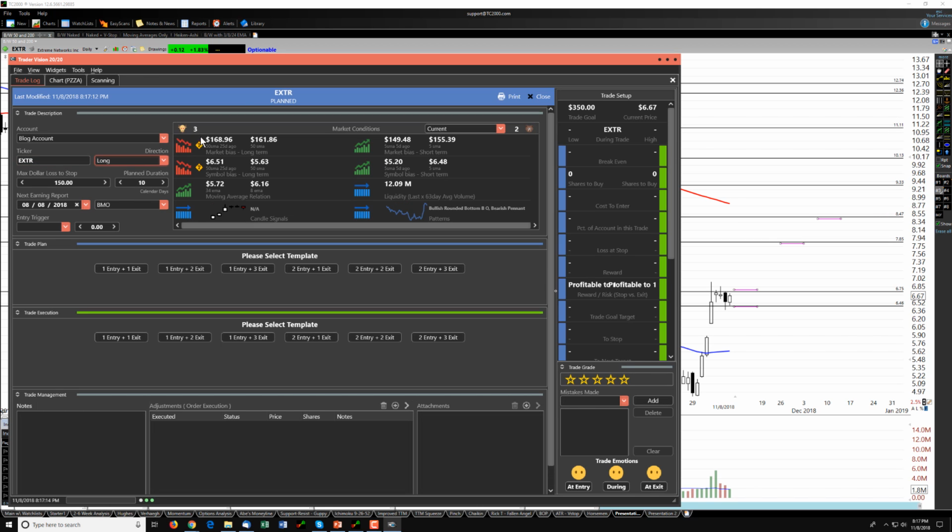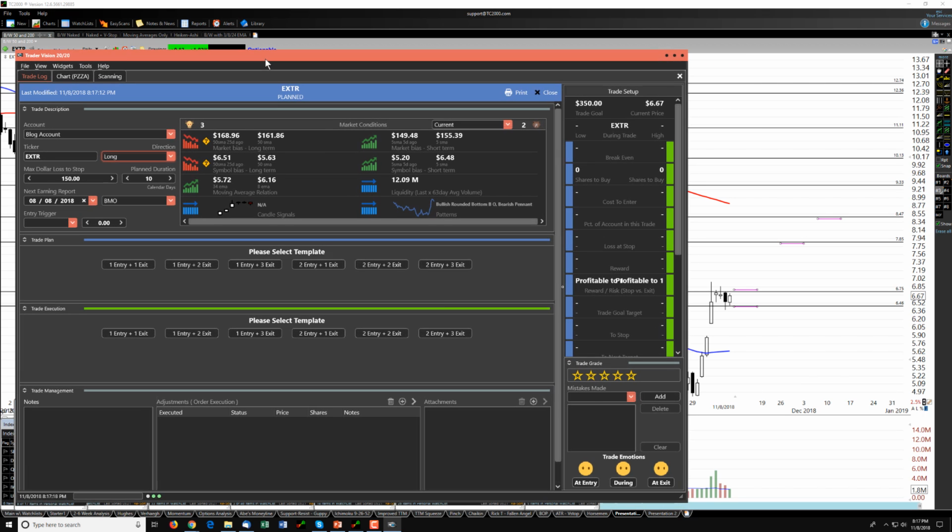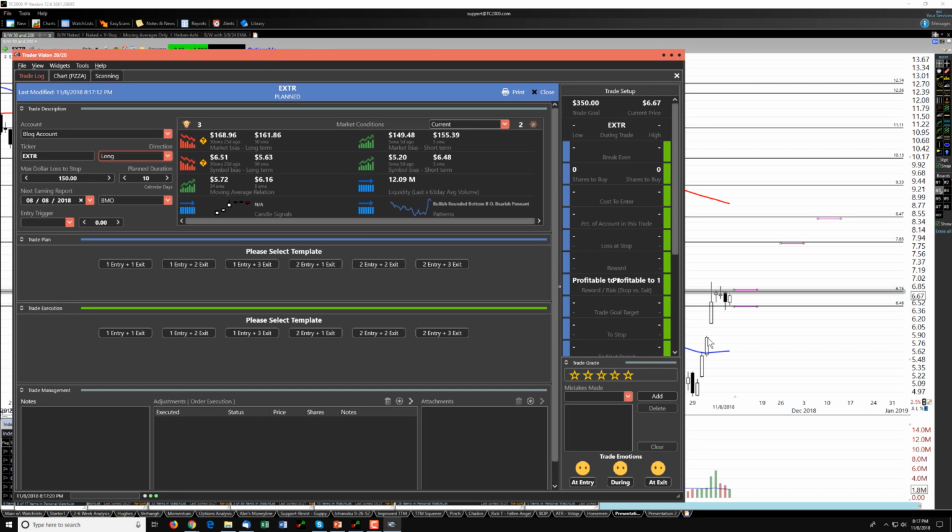So Extreme still showing a lot of negativity here because it hasn't caught up with it. The market's still bearish, hasn't flipped over. And the symbol is still bearish, it hasn't flipped over as well. I can live past that. We've got the flag working for us. We got the rounded bottom breakout.